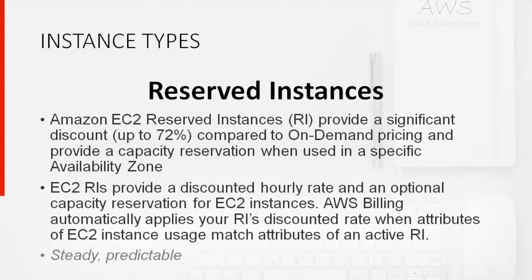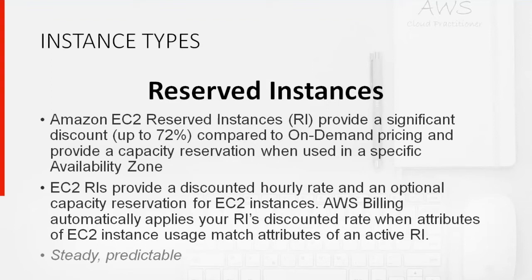Instance types. Reserved instances. Amazon EC2 Reserved Instances, RI, provide a significant discount of up to 72% compared to on-demand pricing and provide a capacity reservation when used in a specific availability zone. EC2 RIs provide a discounted hourly rate and an optional capacity reservation for EC2 instances.